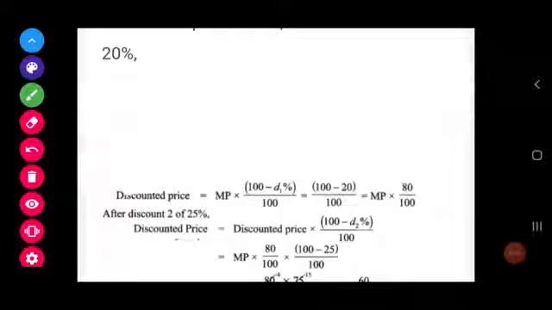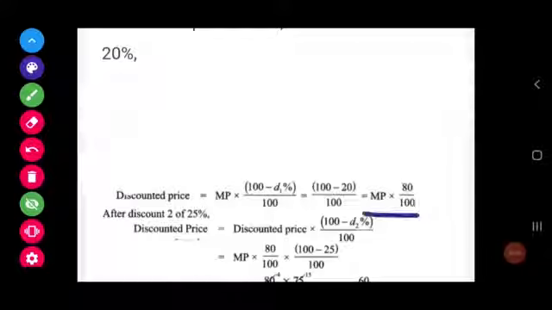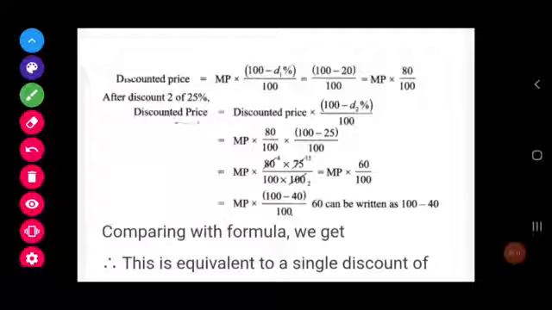Next second discount. From the first discount we have to find second discount. So this amount into 100 minus D2 percentage divided by 100. The D2 percentage is 25%. So 25 by 100. Now 100 minus 25, 75 divided by 100. Here if we are simplifying this one, we will get MP into 60 by 100.